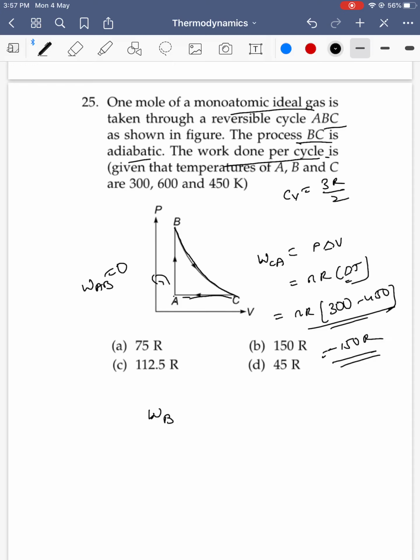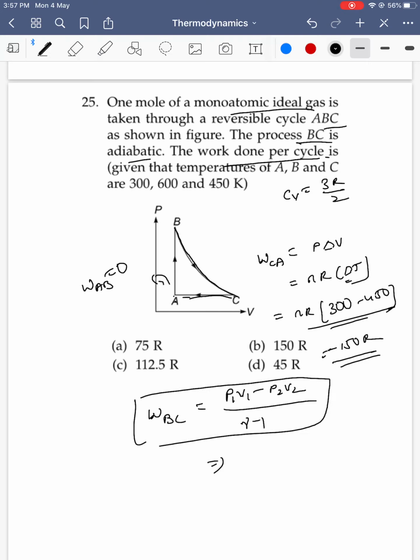Work done in BC: this is an adiabatic process. It is equal to P1V1 minus P2V2 by gamma minus 1. So this is the formula for the adiabatic process. PV is nothing but nRT, so nR into T1 minus T2 by gamma minus 1. What is the gamma value? Cv we know, Cp is equal to 5R by 2, so gamma is equal to 5 by 3.